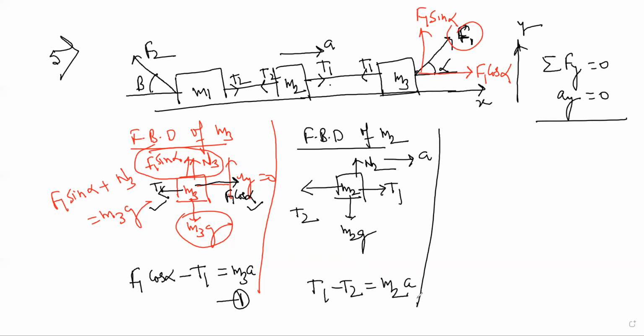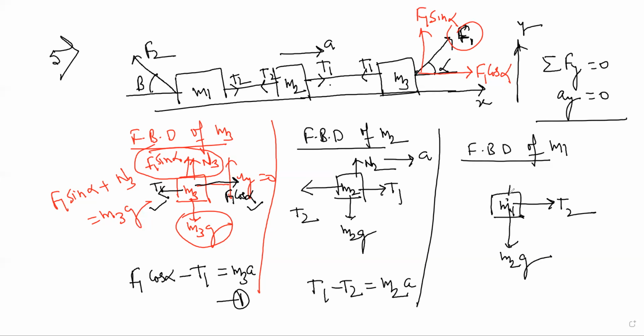Now, FBD of M1. What is happening with M1? This force T2 is acting to the right. Of course, its weight will act vertically downward, and a normal reaction will act in this direction. Now, a force F2 is acting at an angle beta.